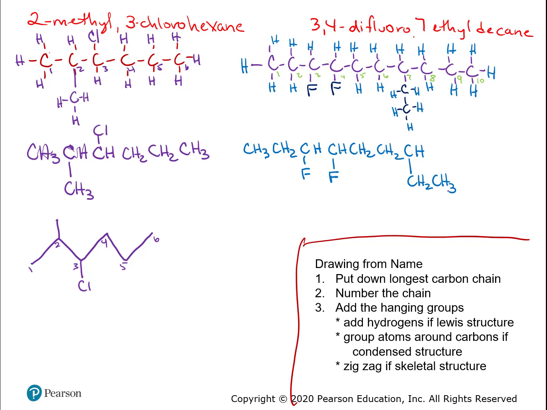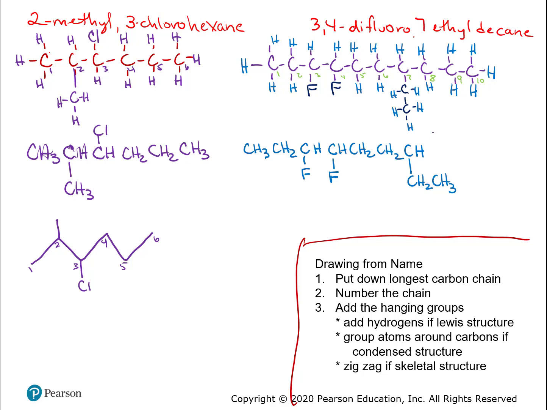So any hanging groups, just drop them below, or you could put them above. It would be fine. But just use the line to connect them to your chain. So do you understand why that only has a CH, not a CH2? It has one hydrogen because the ethyl group takes up its fourth bond.